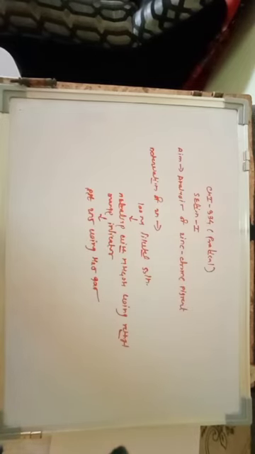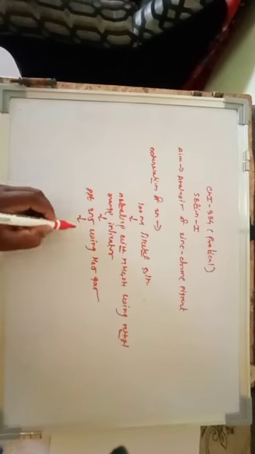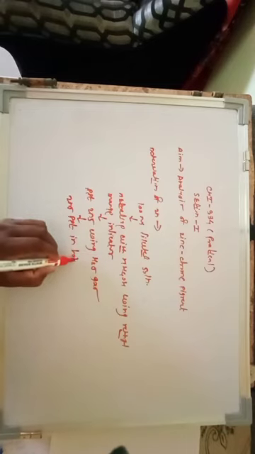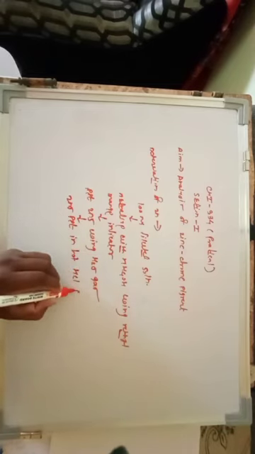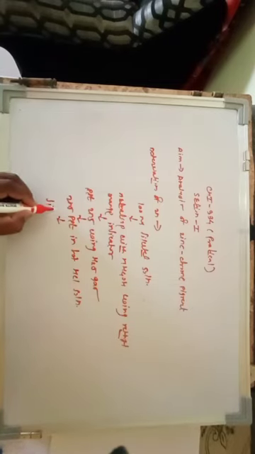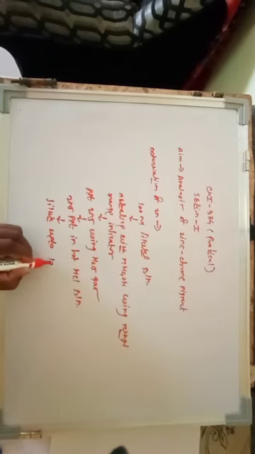Then dissolve the ZnS precipitate, the zinc sulfide precipitate, in hot HCl solution. First you have to wash with hot water and then dissolve the precipitate in hot hydrochloric acid solution, and then dilute up to 100 ml.